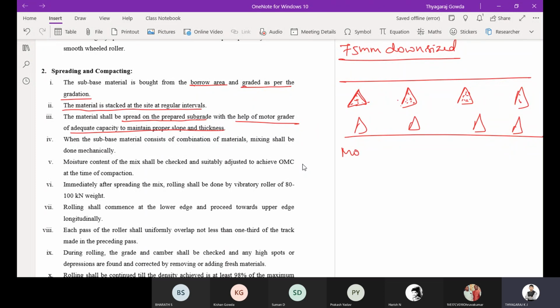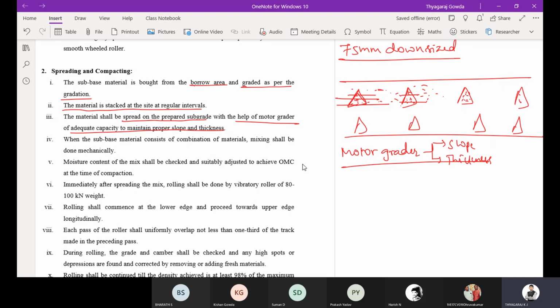Now using the motor grader, you are going to adjust the slope and thickness and spread these aggregates. The stacked aggregates are spread on the subgrade soil. First you bring the aggregates and grade them as per the specification, then stack them at regular intervals.